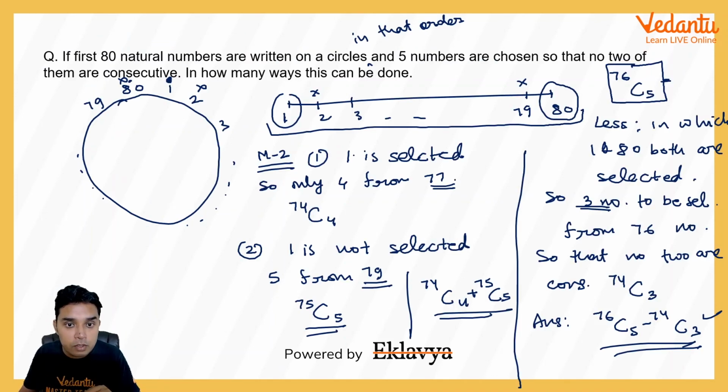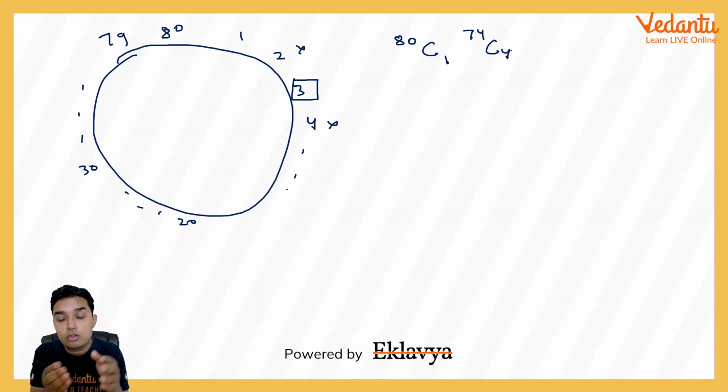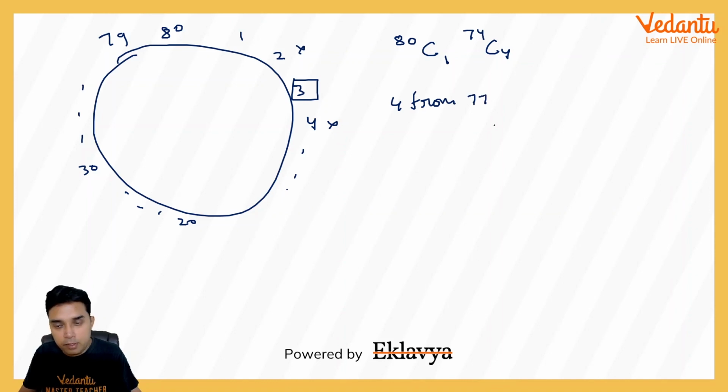So this is similar to the first case of method 2. So the answer will be 74C4. This will be for those 4 more elements after 3 is selected, because we have to select from 77, so there will be 73 plus 1, 74.